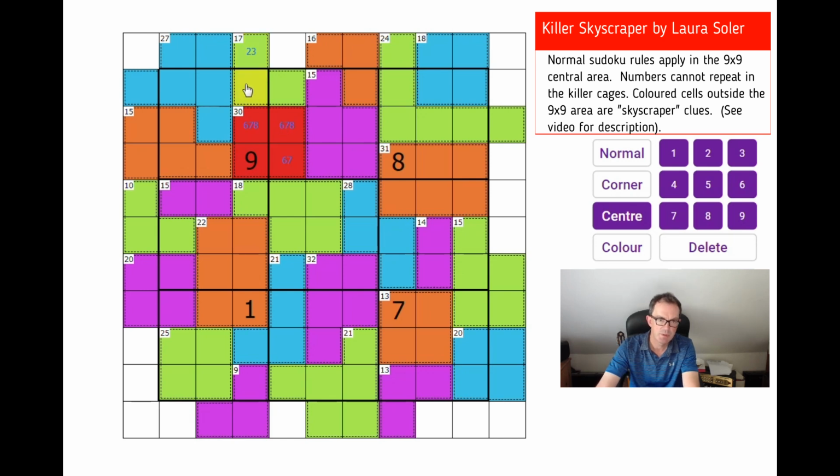But this square could still be quite, well, I think it could still be a 5. This is 5, 6, 7 or 8, so it's not brilliant. 15 cage here in 5 cells, that can only be 1, 2, 3, 4 and 5. And neither of these clues can be 1s, because if they are 1s, that would imply the next cell, the first cell they see, would have to be a 9.